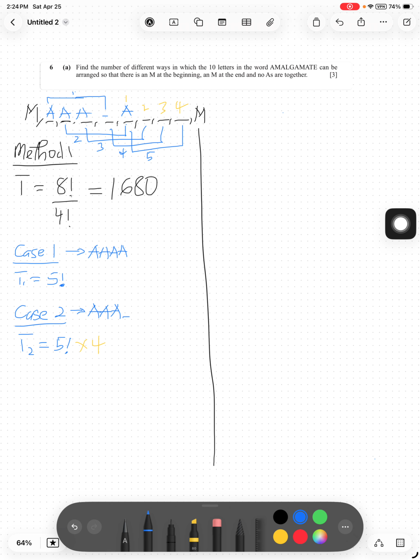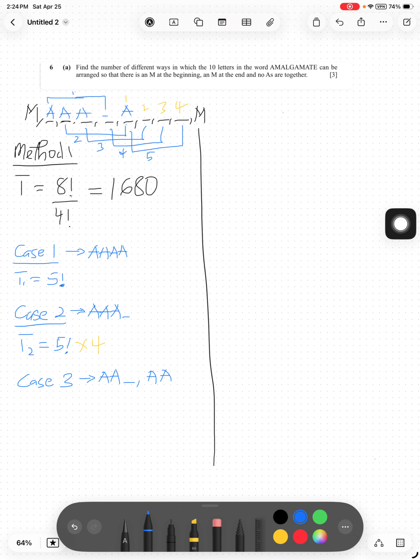Let's talk about the third case, case 3. We can have 2 A's sitting together, but because we don't want the 2 sets of 2 A's coming together to revert the whole thing back to case 1 where 4 A's sit together, it means we have to add a space there before we can talk about the second block, which is also 2 A's, right?